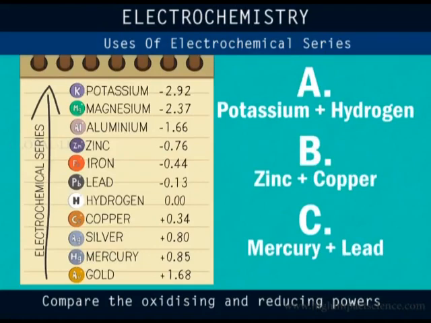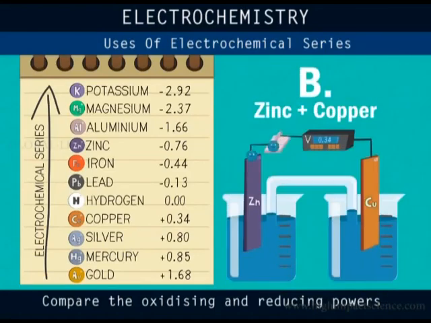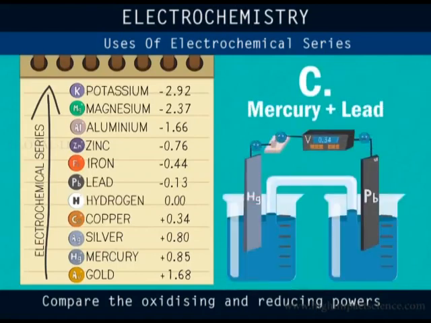Remember, electrons always move from the metal with a more negative electrode potential to the one with the more positive electrode potential. So for A, electrons will move from potassium to hydrogen. For B, the electrons will move from zinc to copper. And for C, the electrons will move from lead to mercury.